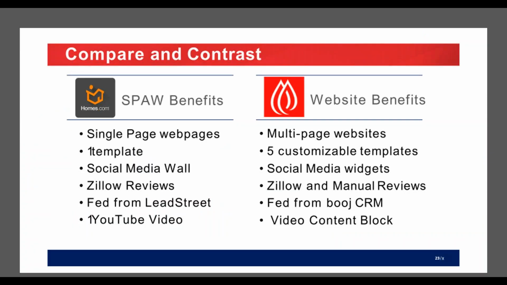So let's talk about the differences in the website. We know that previously we had a SPA website, which I always thought was a bad acronym, so I'm glad it's going to be gone. It was a single page agent website. What does that mean? It was literally one page that had your information on it, and all the links on that page sent you elsewhere. If they clicked on your social media, off you were into Instagram.